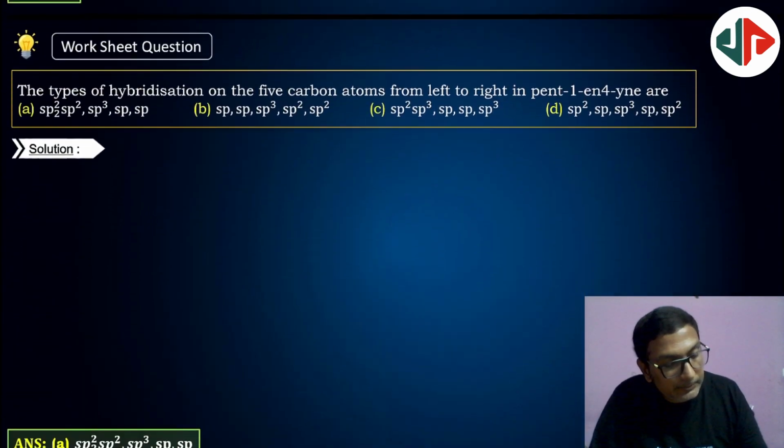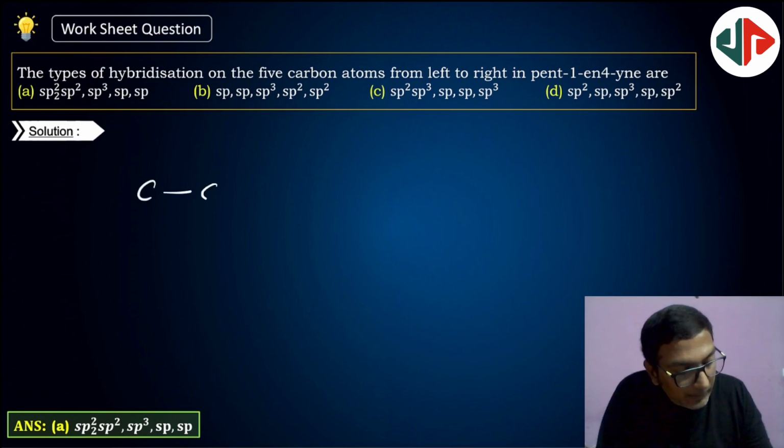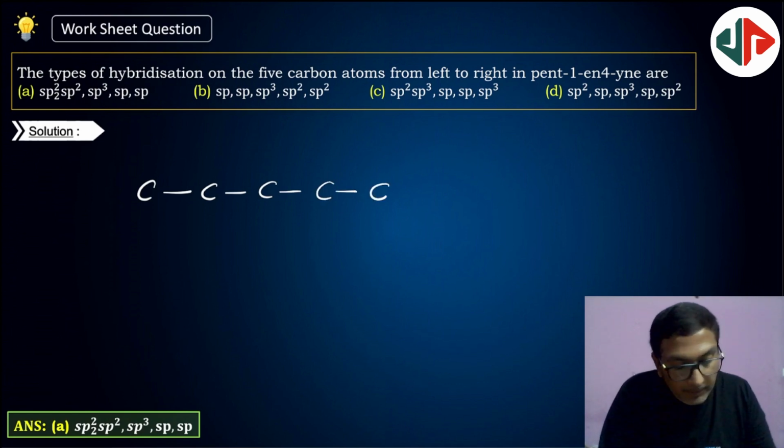Next. What is the type of hybridization of the 5 carbon atoms from left to right? Pent 1, 2, 3, 4, 5, with a 1-en-4-yne. The remaining valences are hydrogens.